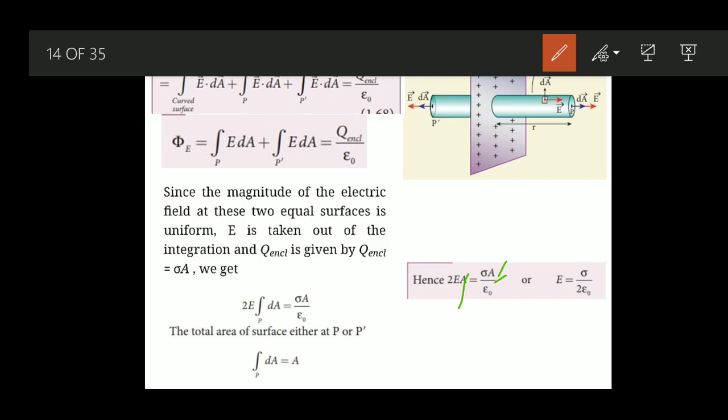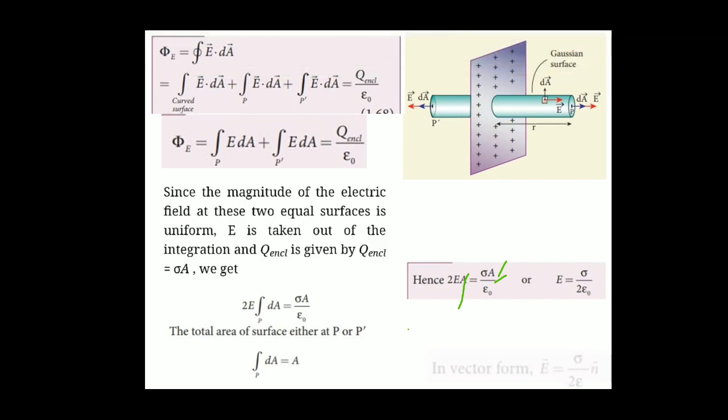So I end up with E is equal to sigma by 2 epsilon naught. In vector notation, electric field is sigma by 2 epsilon naught into n cap, where n cap is the unit vector which gives the direction in which the electric field is acting. So this is the expression for electric field due to an infinitely large plane sheet of charge.